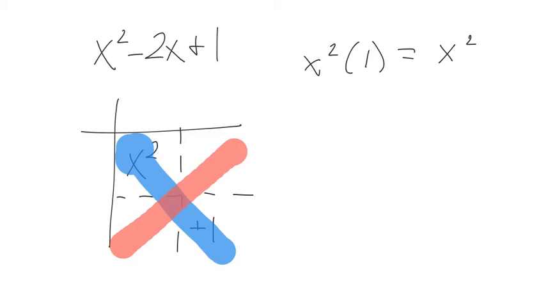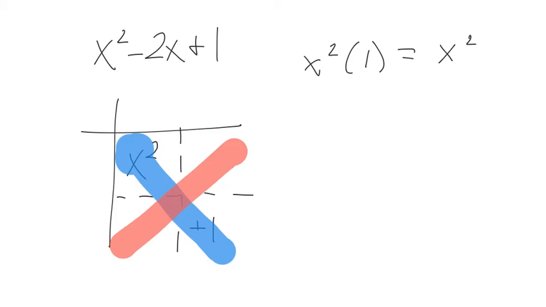Now the other part of it is that these two terms, here and here, have to add to give me negative 2x. So I have to think, what two numbers will add to give me negative 2? Well, two numbers that add to give me negative 2 are negative 1 and negative 1.